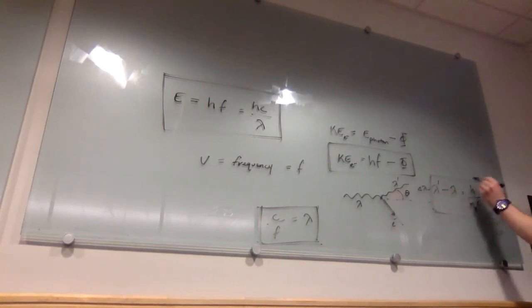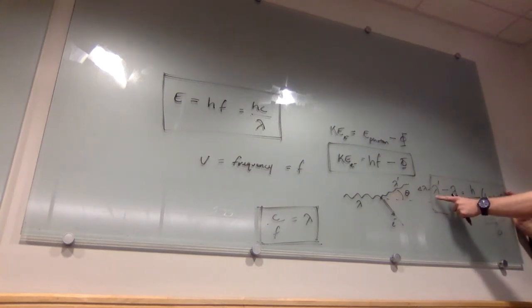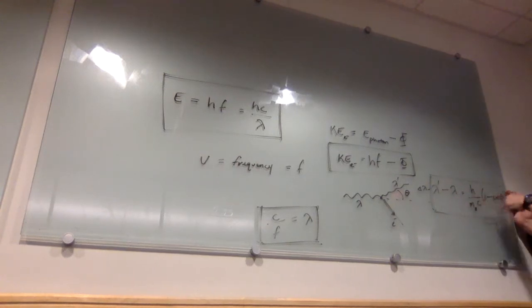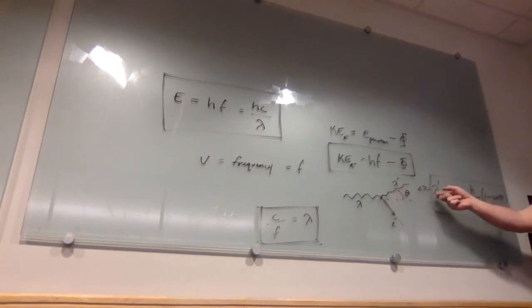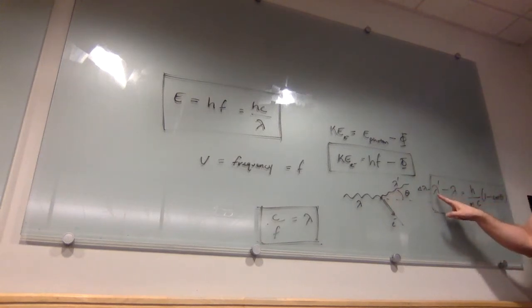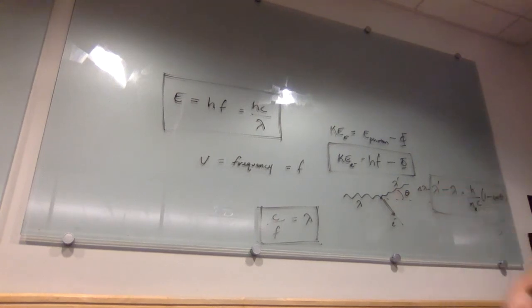Because this quantity is just lambda prime minus lambda, where lambda was your original wavelength. So just add whatever negative number to lambda, and you get a smaller lambda, and that's what lambda prime is. If you do that and you get a negative lambda prime, then you've done something wrong, because you can't have a negative wavelength. But you can definitely have a negative change.